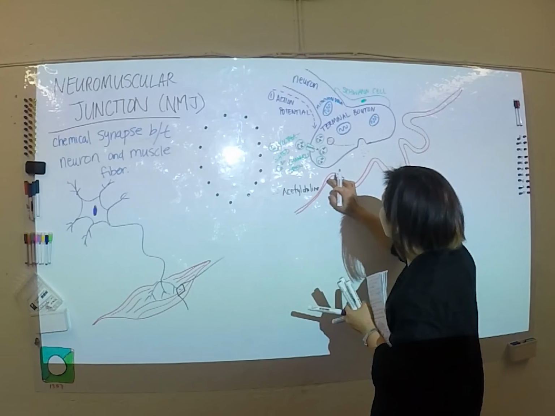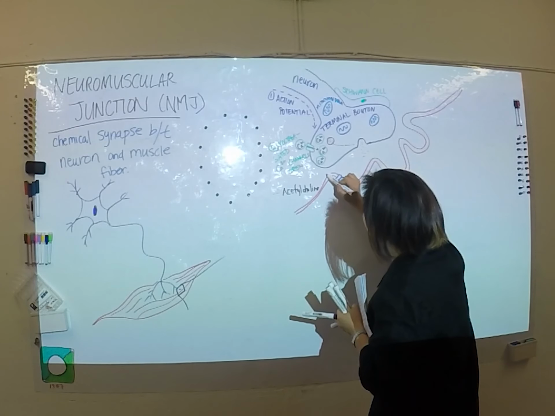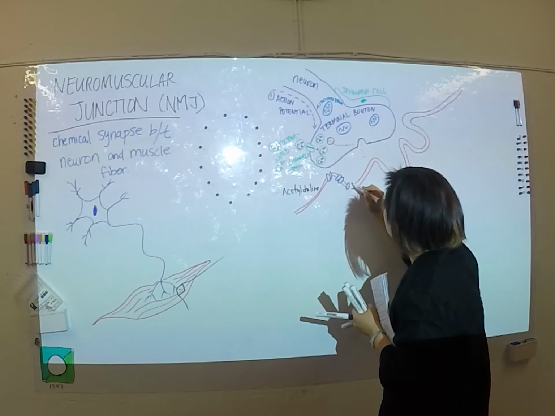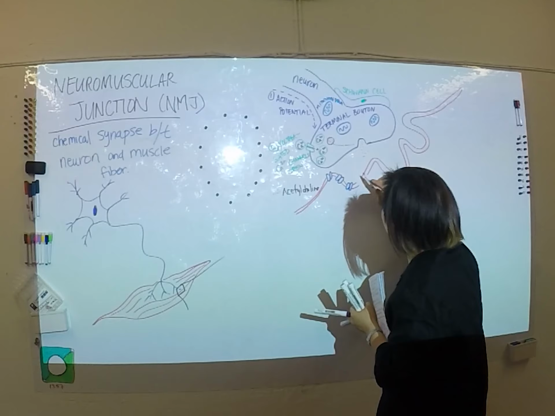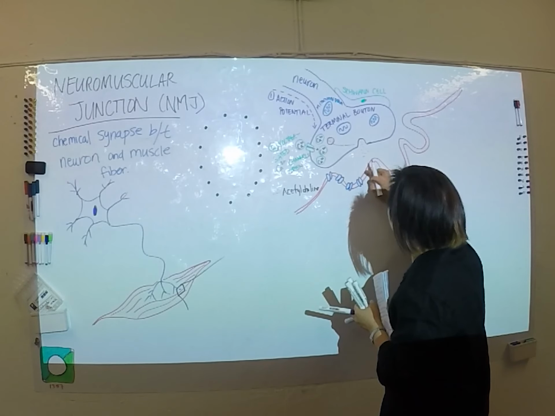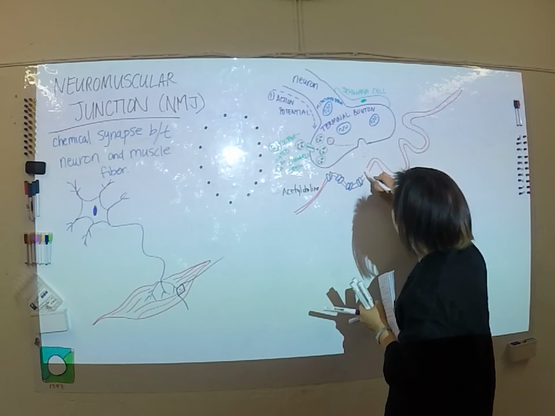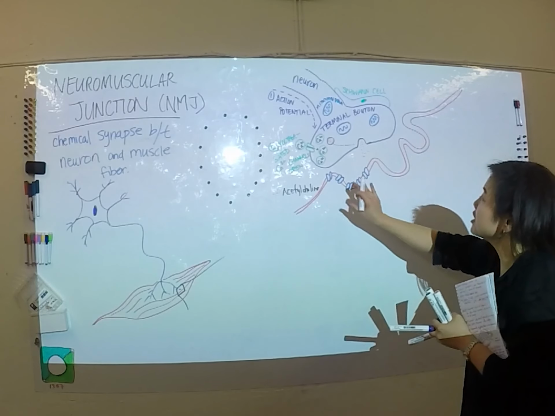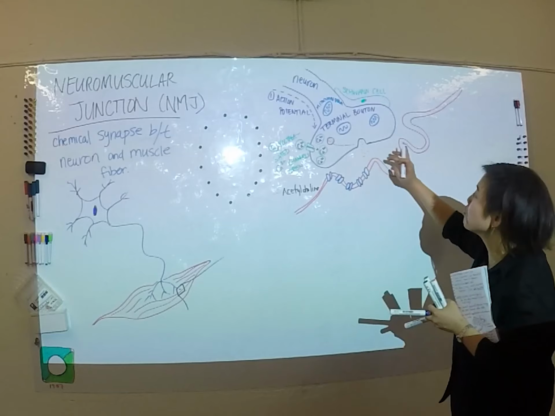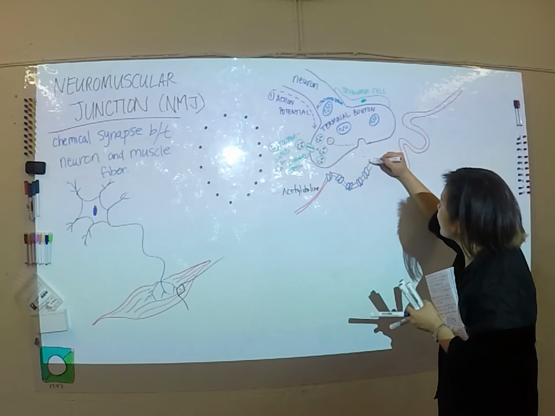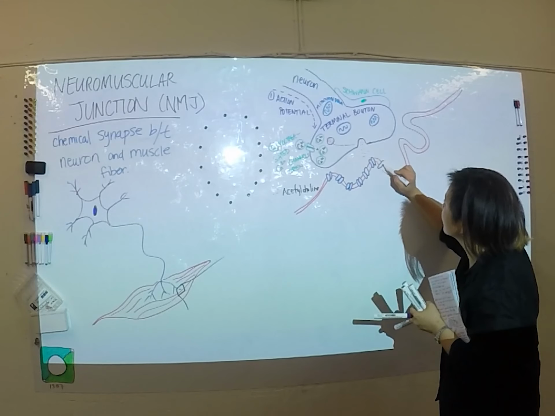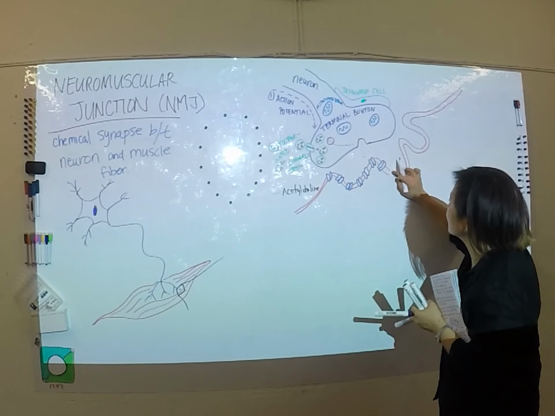So you can only pack so many proteins onto the cell membrane. By having these folds, this means there are more receptors, more proteins available to pick up acetylcholine and activate the muscle, okay?